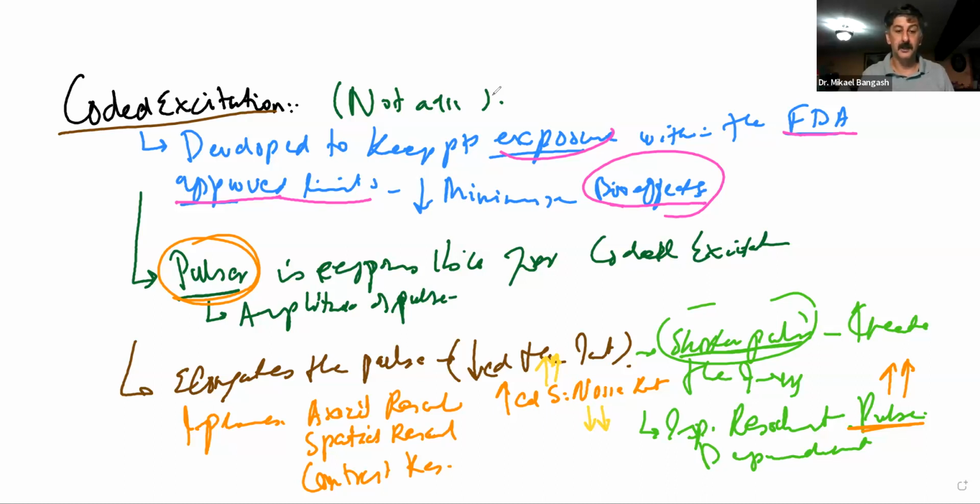But these are the 3-4 main points that you need to remember in regards to coded excitation. Any questions?